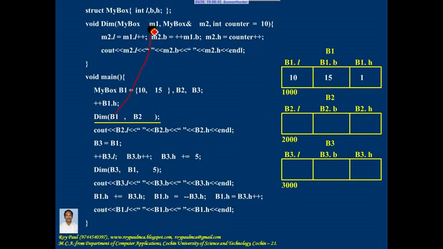So please make a note of this. First argument is passed to first parameter. Second argument is passed to second parameter. The third argument is not given, so the default value appears in the third parameter. So B1 should be passed to M1. Now here there is no ampersand sign, which means M1 is an ordinary variable and new memory should be allocated for M1 like this.